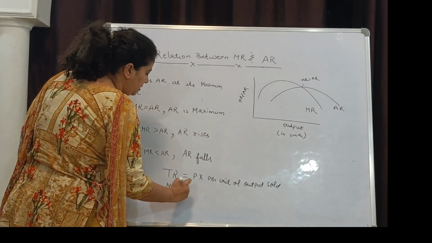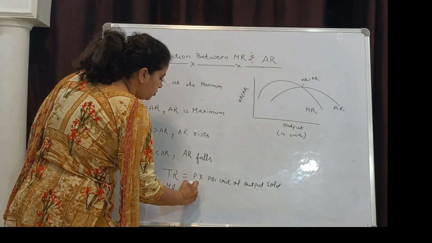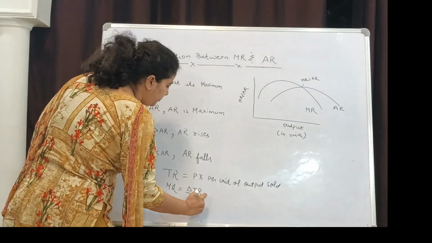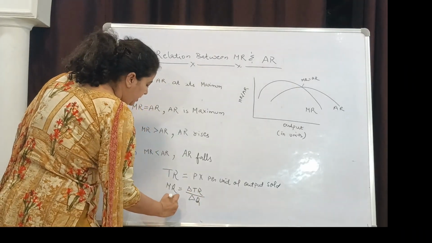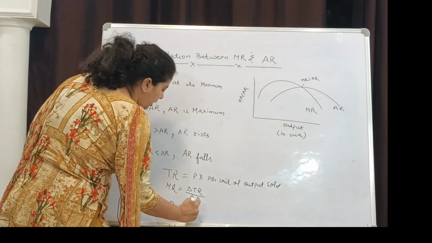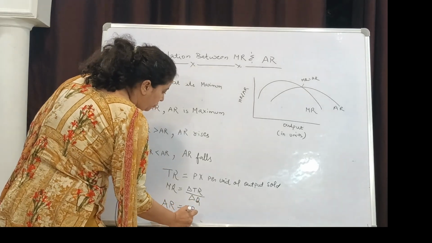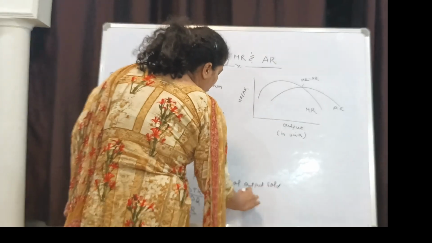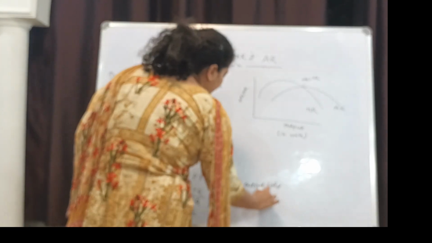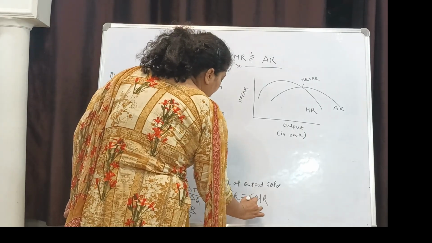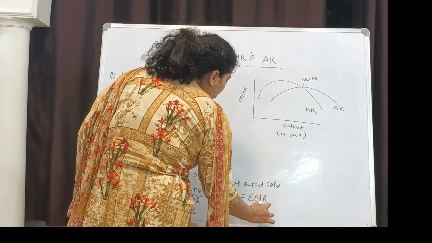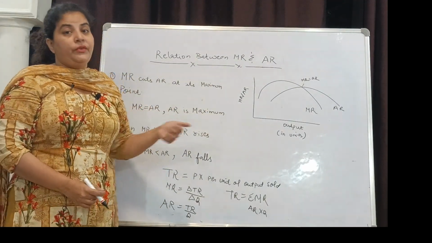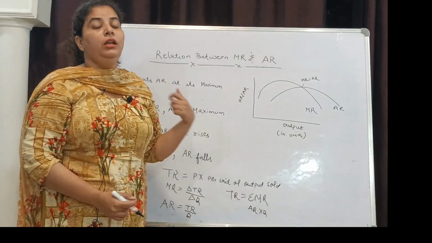MR is nothing but change in TR divided by change in Q, and AR is TR divided by Q. So from this we can say that TR equals summation of MR, or AR into Q. This is all about total revenue, average revenue, and marginal revenue.